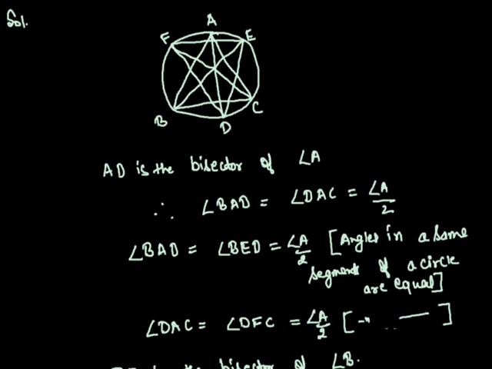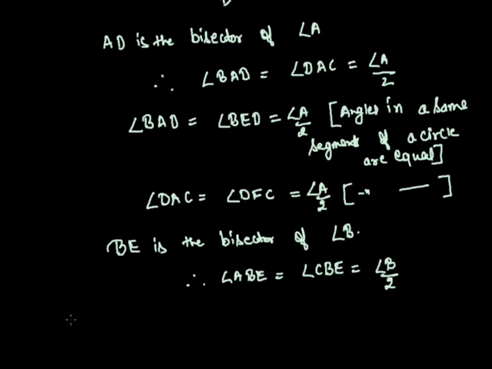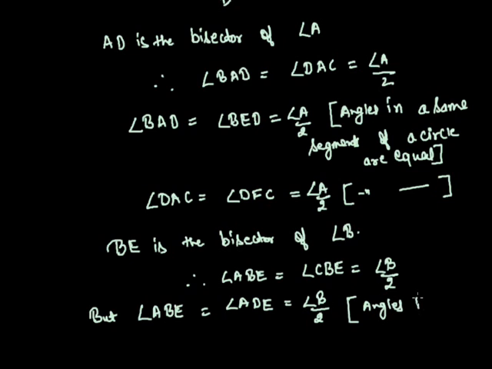Now angle ABE is equal to angle ADE, so this is equal to angle B by 2. Again, angles in the same segment of a circle are equal.